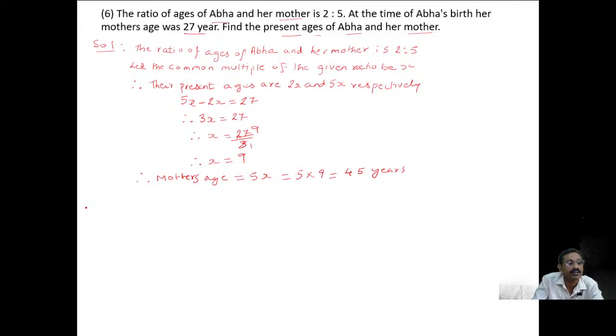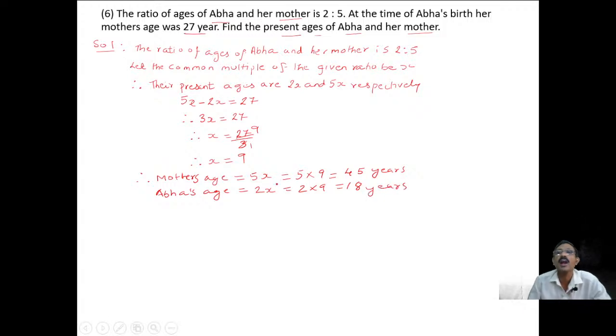And Abba's age is equal to 2x, which is 2 into 9, which is 18 years.